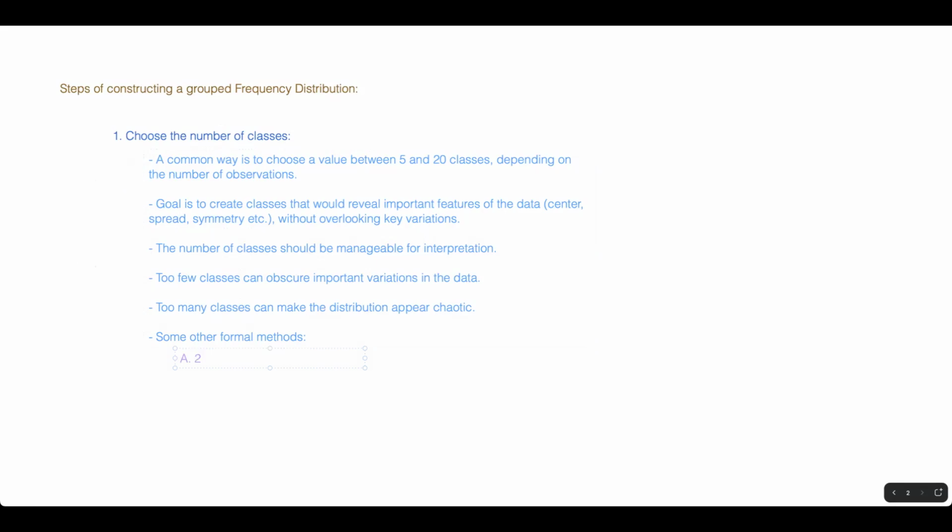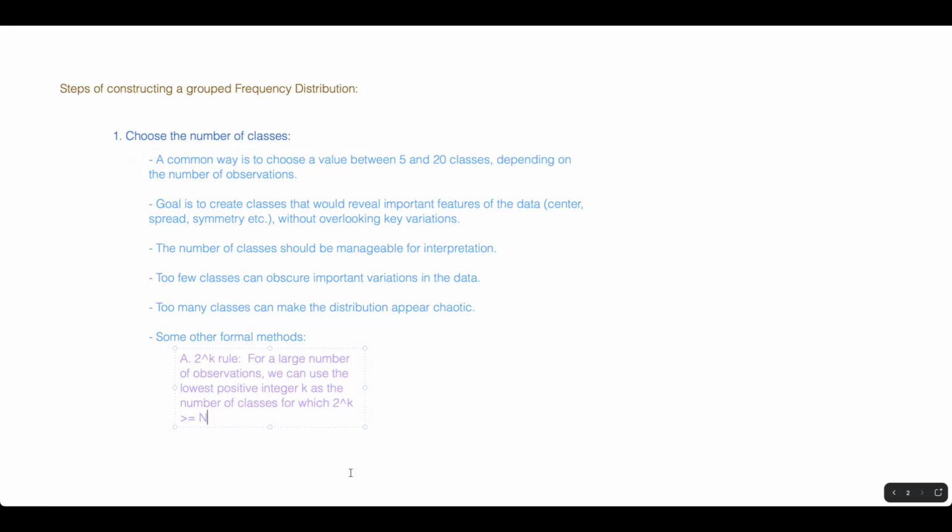The first is the 2 to the power k rule, and that says that for a large number of observations, we can use the lowest positive integer k as the number of classes for which 2 to the power k is greater than or equal to n, right?